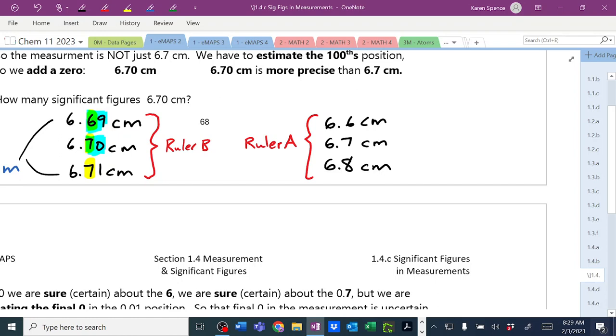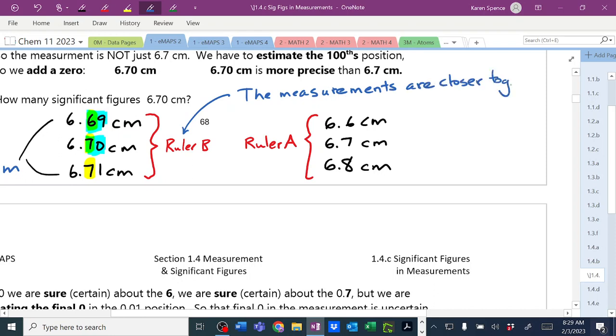Hopefully, it's pretty obvious that in ruler B, the measurements are closer together than in ruler A. Because in ruler B, they're only off by 0.01.